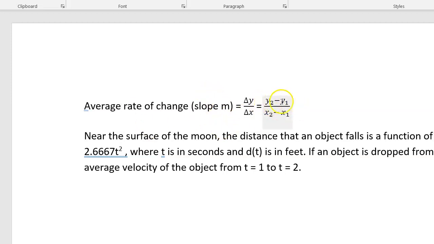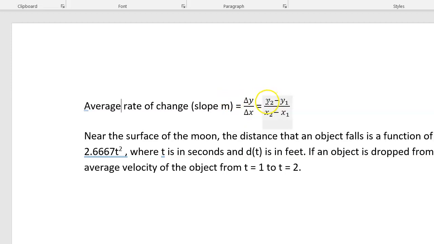You probably remember this equation for slope from your previous algebra classes, y2 minus y1 over x2 minus x1. But you may not have seen this notation. Delta y is the difference between the two y values, and delta x is the difference between the two x values.